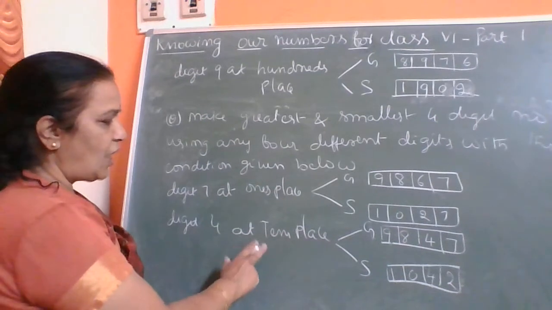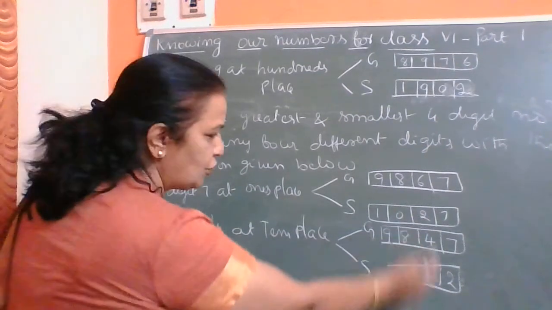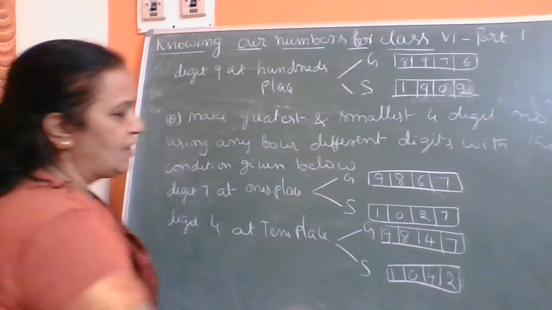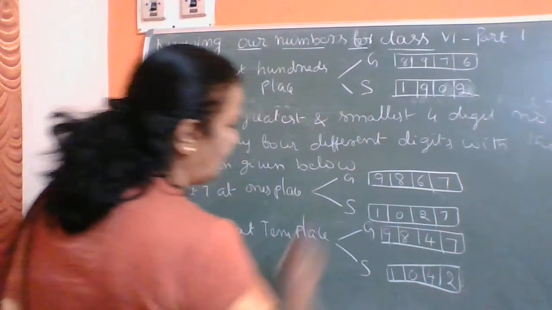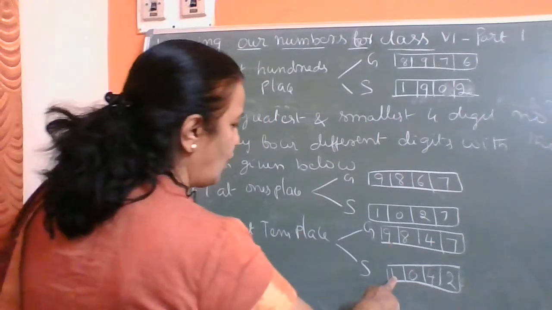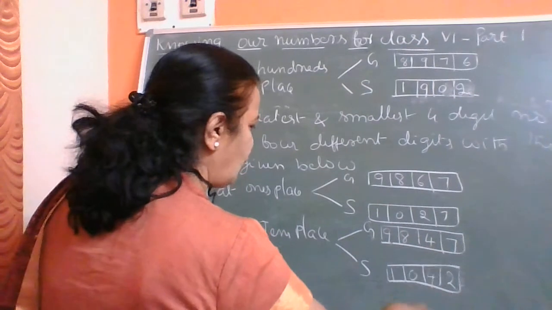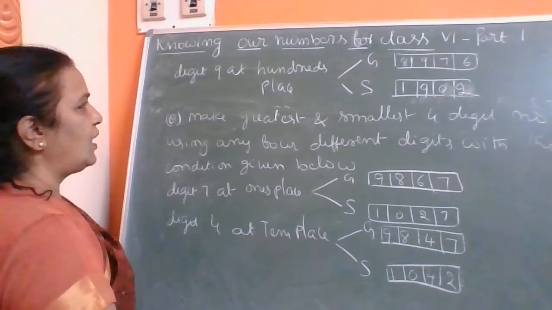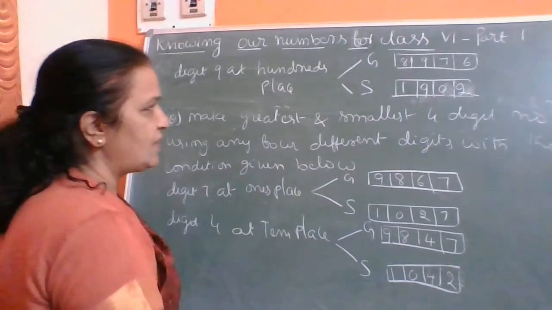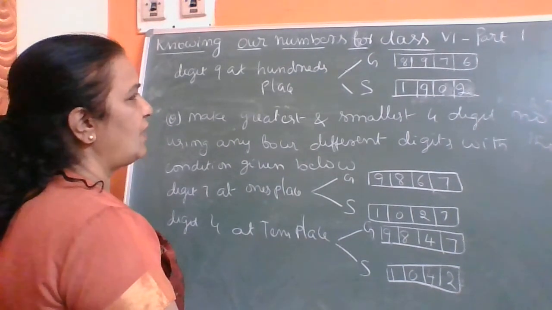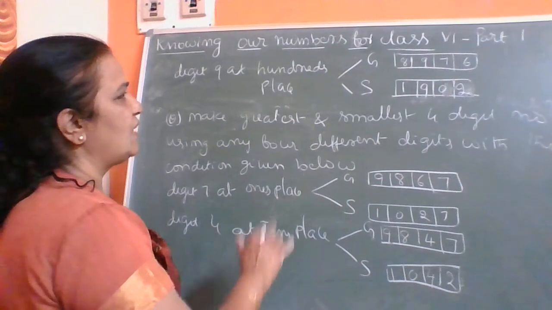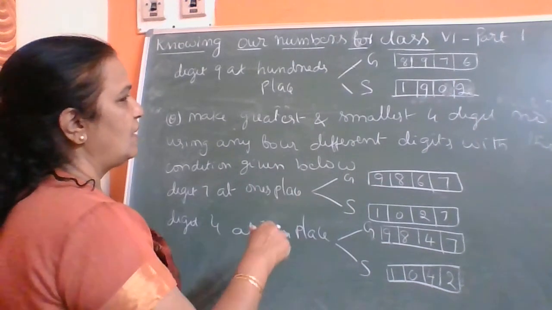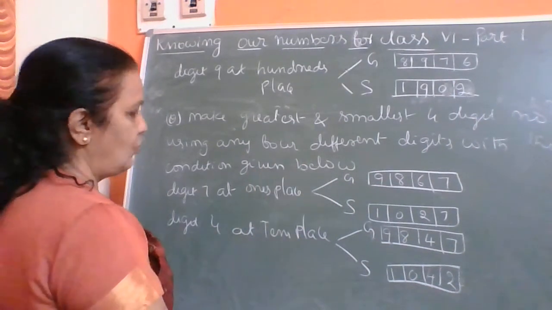Digit 4 at tens place, first you write 4 in the tens place, 9847, and here it is 1042. Next, digit 9 at hundreds place, you write 9, and then after 9 the greatest digits are 8, 7 and 6, and the smallest is 1902.